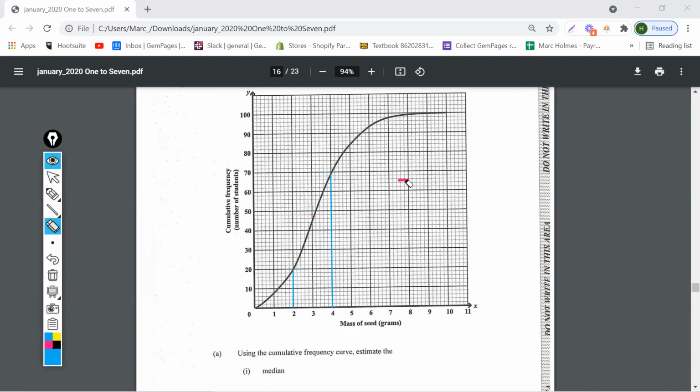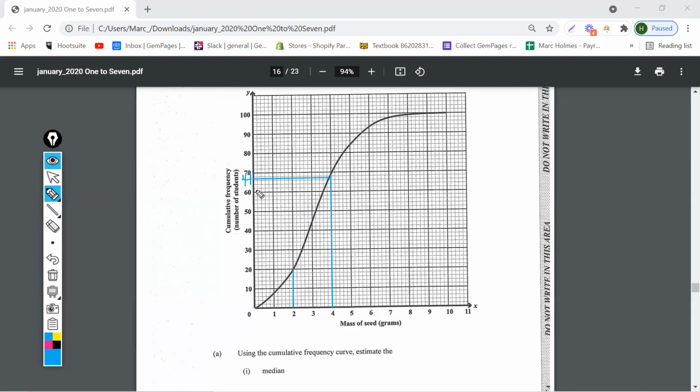The first set, from 0 to 2, is 20 students. But here it's really hard to see, but if you match it, it's actually 47, I think.